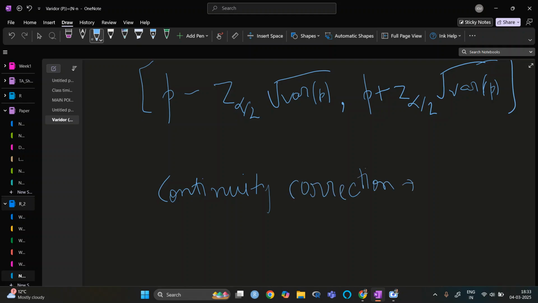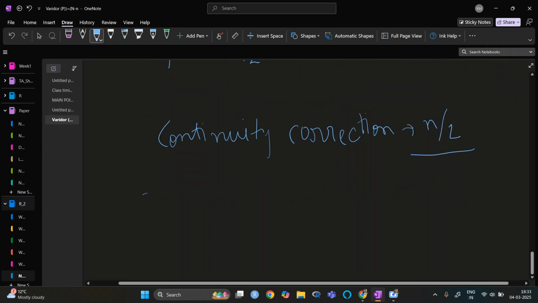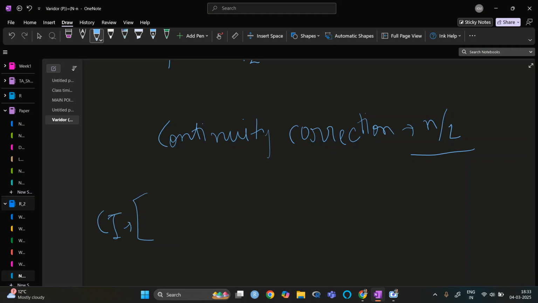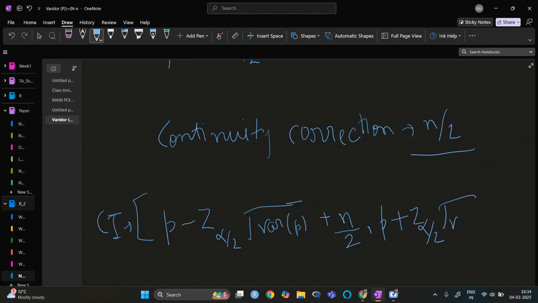Continuity correction is done by n by 2, and then this confidence interval changes to p minus z alpha by 2 variance of p plus n by 2 and p plus z alpha by 2 variance of p minus n by 2.